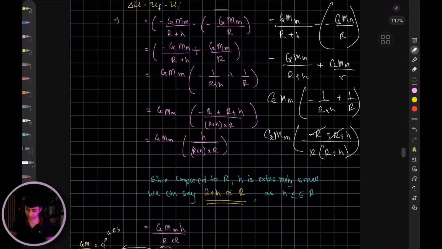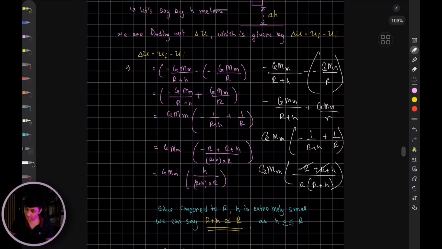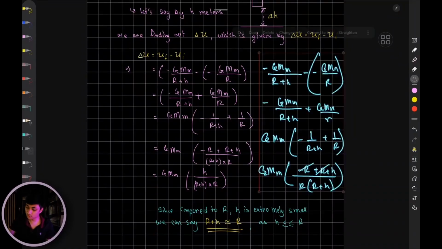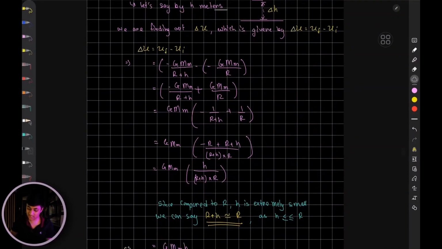Now remember, we consider the height to be small compared to the radius of Earth. Why is that? Because we are considering the gravity to be a constant, in which case we can say r plus h is approximately the same as the radius of Earth.